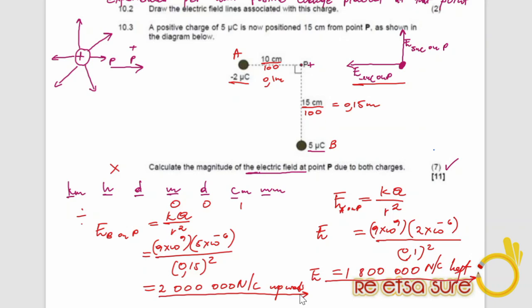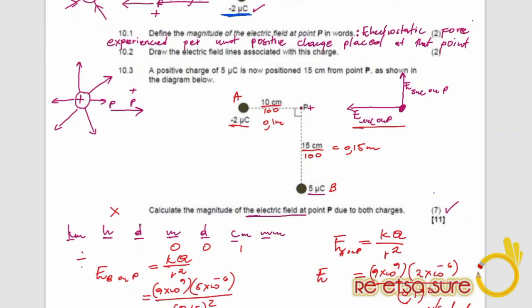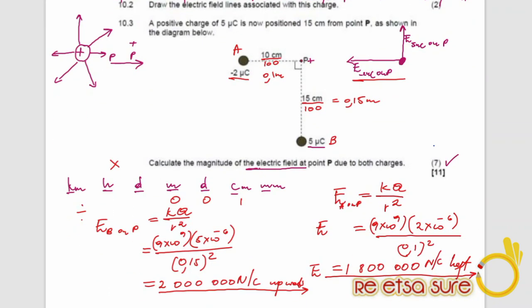The grade 11 learners, this year when you started with this topic, you were busy with the vectors. So it shows that the first E is to the left, and then the second E that we get here is upwards. So obviously when we determine the electric field at P, we cannot simply add them.